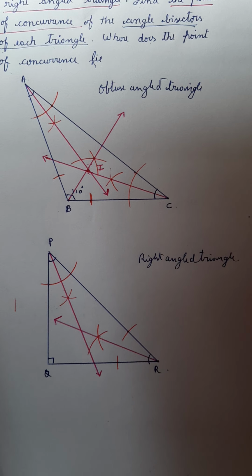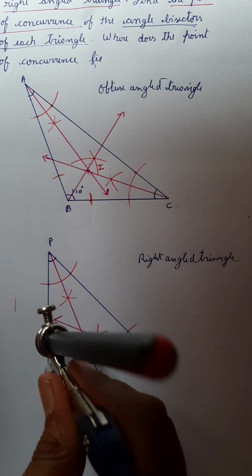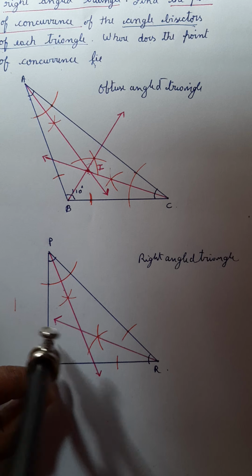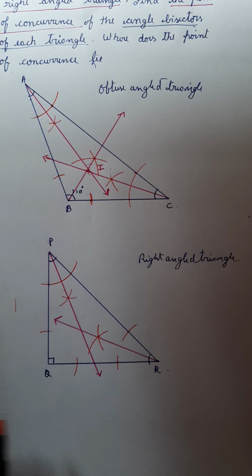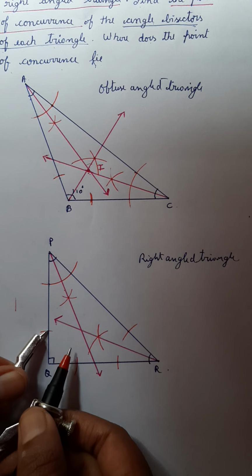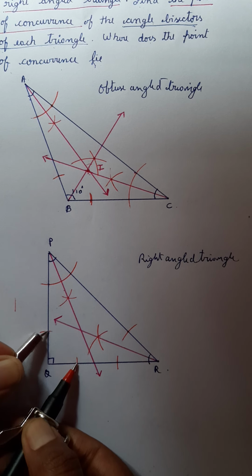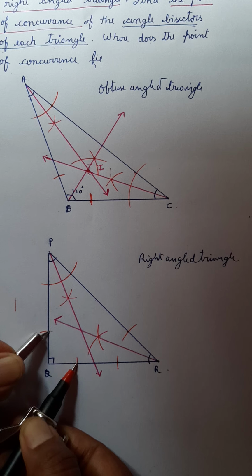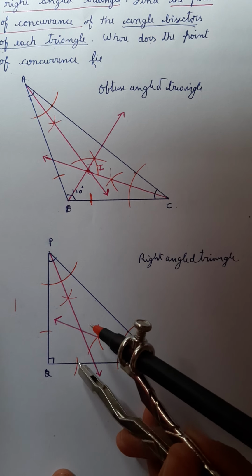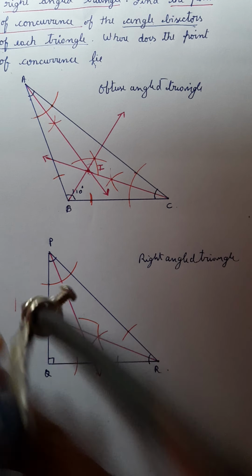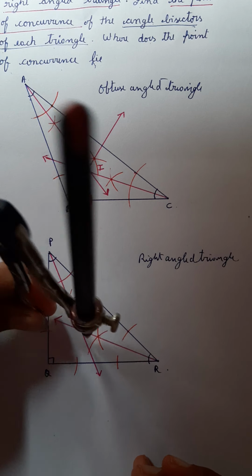Next, one more angle, that is Q. Take a small arc and cut the arc. Take these two measures. Keep on this point and cut by keeping on both the sides.